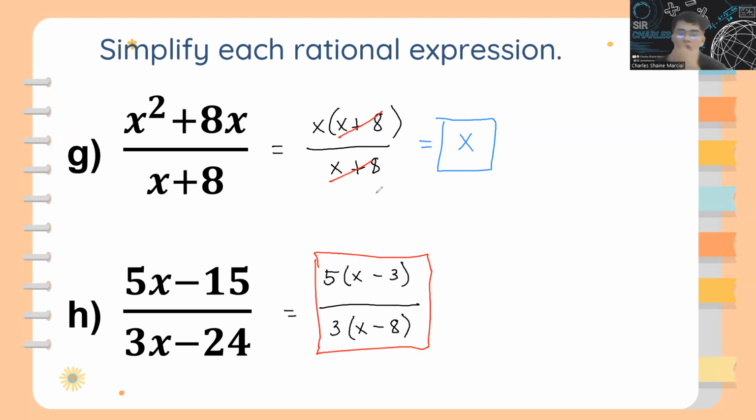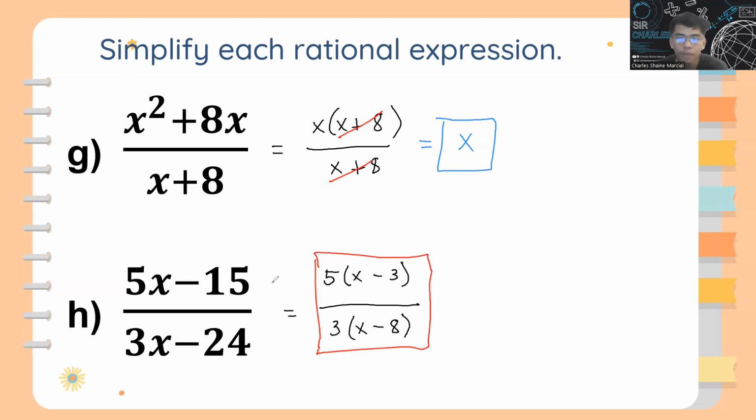Okay? So, ang gagawin lang natin, i-figure out natin kung meron pa tayong nakikitang factorable, meron pa tayong nakikitang common factors, and kapag wala na, ibig sabihin, final answer na po sila. Okay?